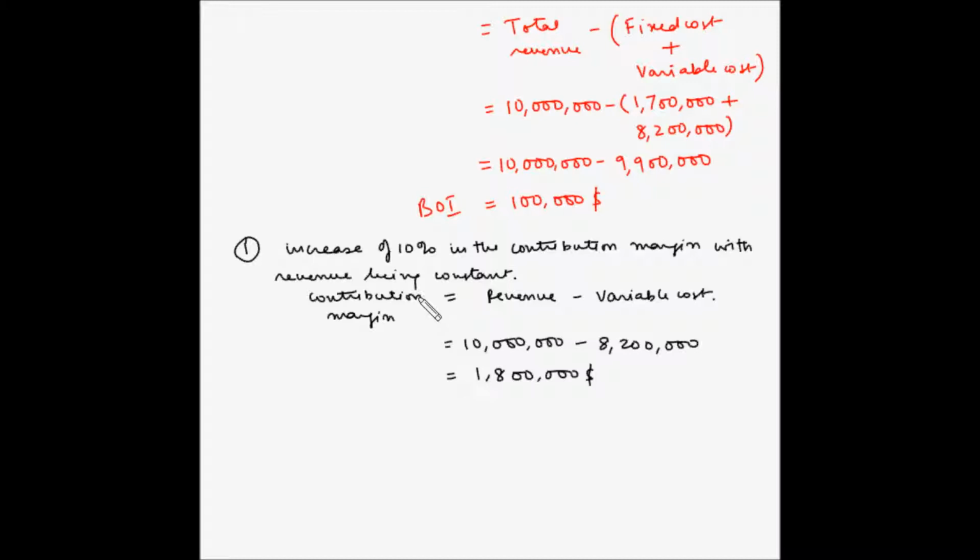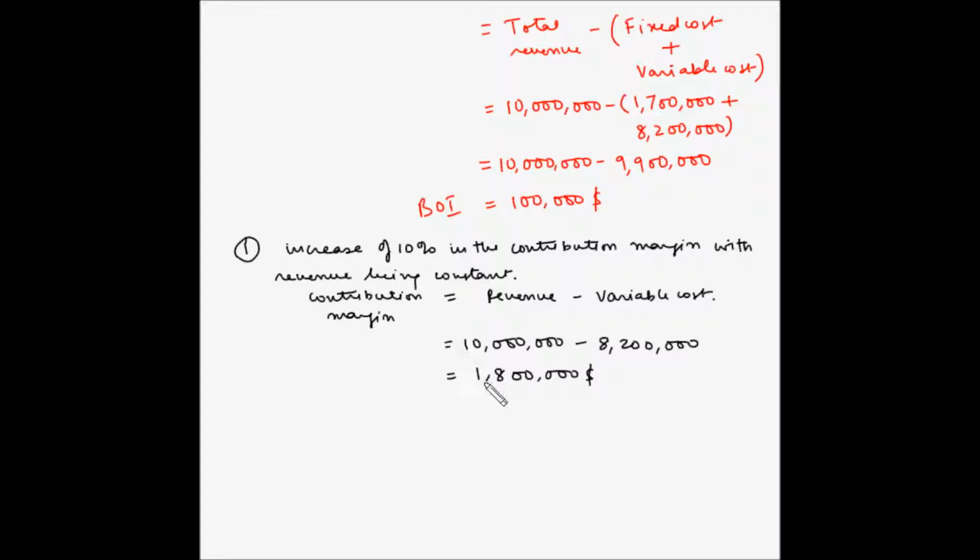Now in the scenario where the contribution margin is increasing and revenue is constant, so let's find out what is the impact on the variable cost. So we know that contribution margin is increasing, we know that this is constant, so there has to be a change in the variable cost.